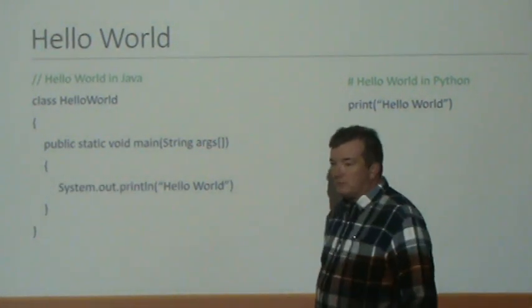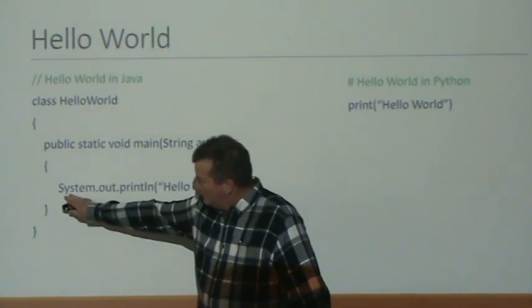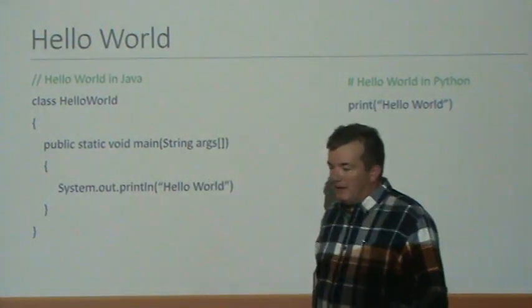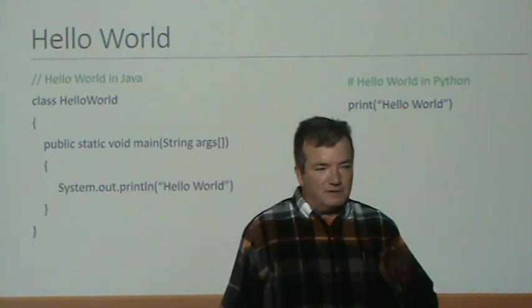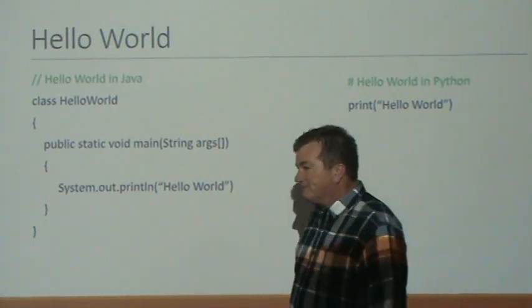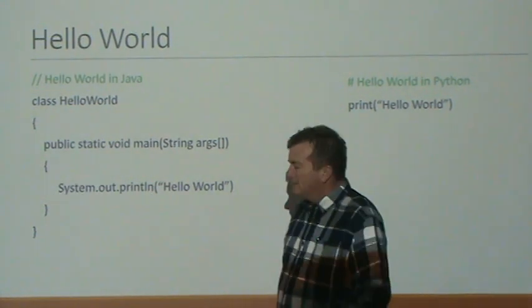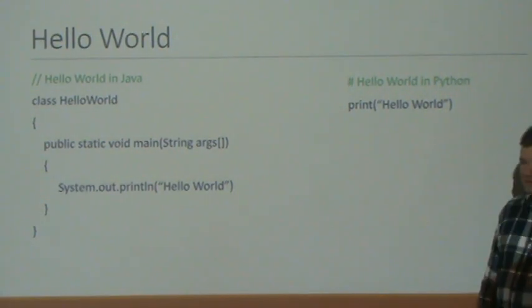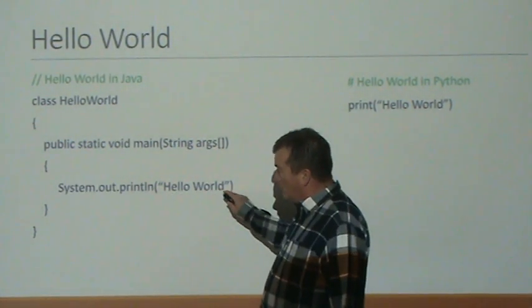And then when you want to print something, you have to go into the system library and go into the out class, and inside the out class there's a static method called printLine. So you're calling the printLine static function of a class that came from the system library, and that would allow you to then print "Hello World."